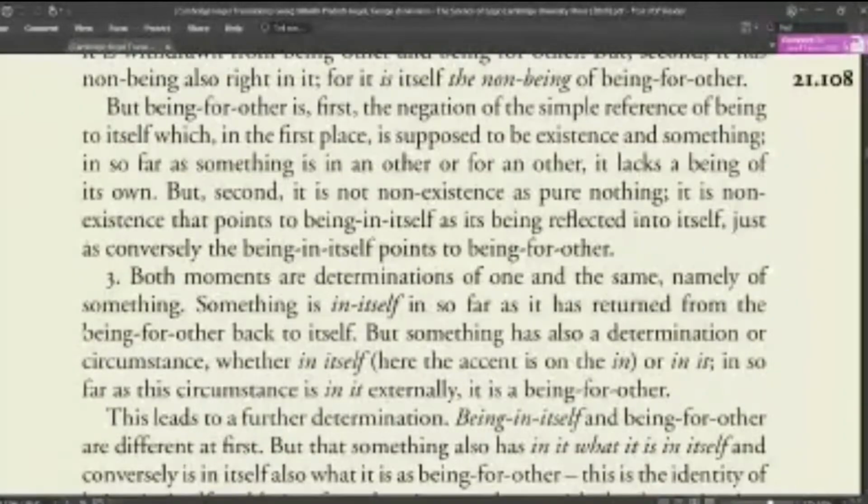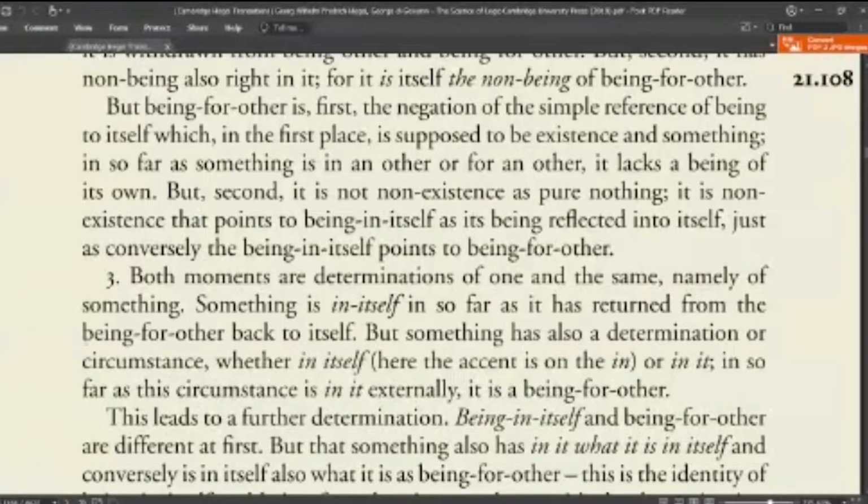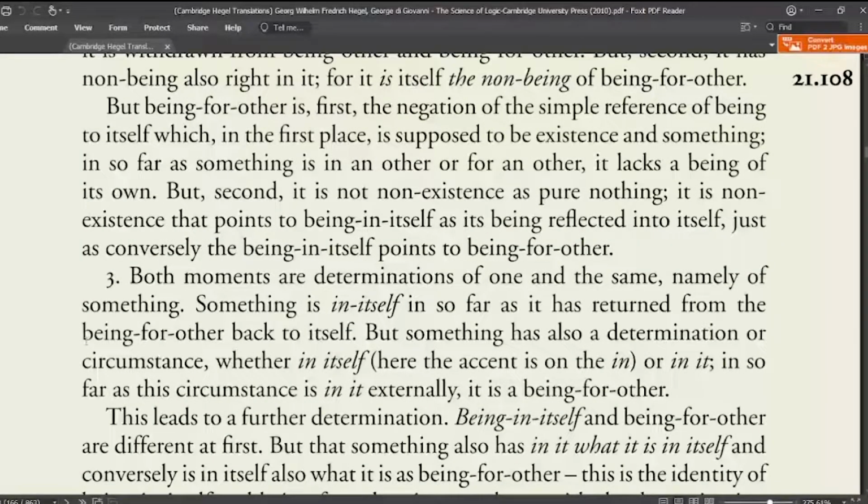But being for other is, first, the negation of the simple reference of being to itself, which in the first place is supposed to be existence and something. Insofar as something is in an other or for an other, it lacks a being of its own. But second, it is not non-existence as pure nothing. It is non-existence that points to being in itself as its being reflected into itself. Just as conversely, the being in itself points to being for other.